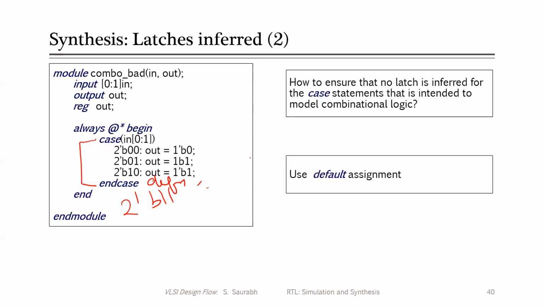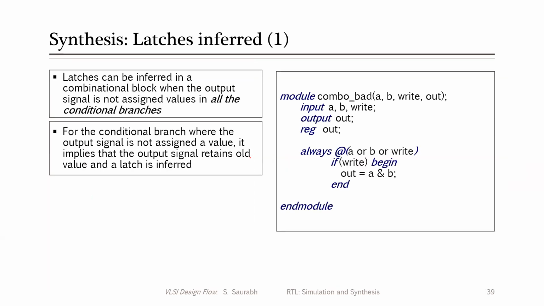Another thing you should note is that many times we have to write a big sensitivity list. We have to write all the signal names on which the output variable depends. So in this case there are 3 inputs, so we write A or B or C. It may happen sometimes that we miss some signal.